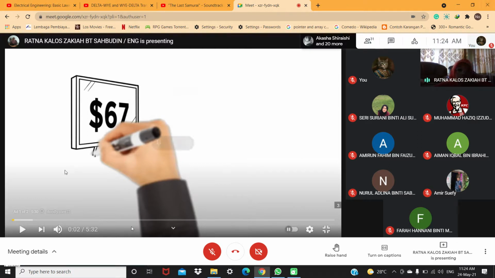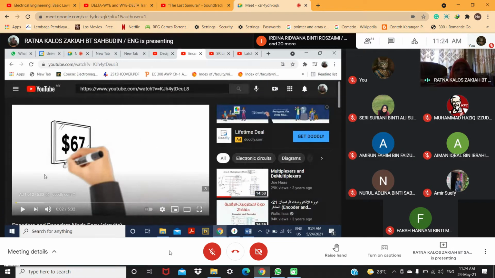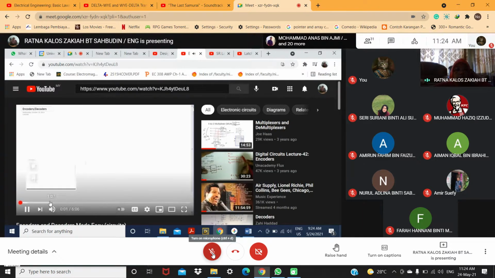For the encoder and decoder just now, if you look at this encoder and decoder, this video is for the decoder with active high output.